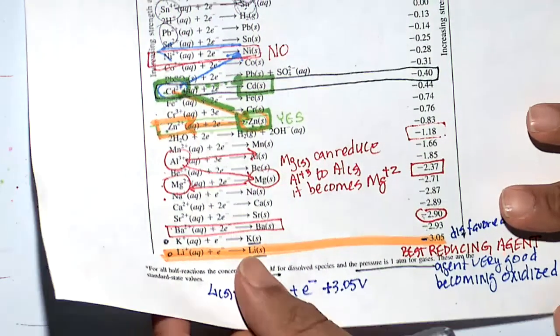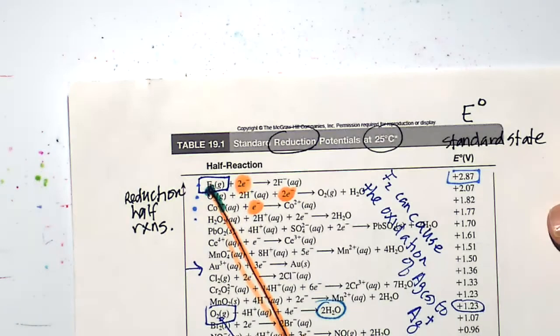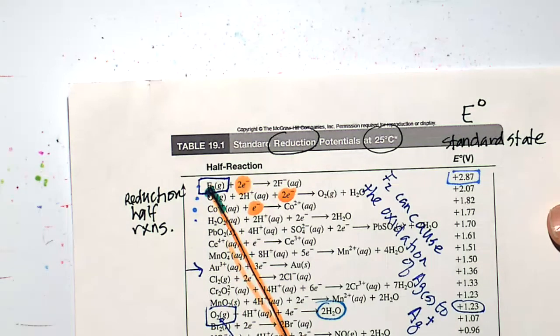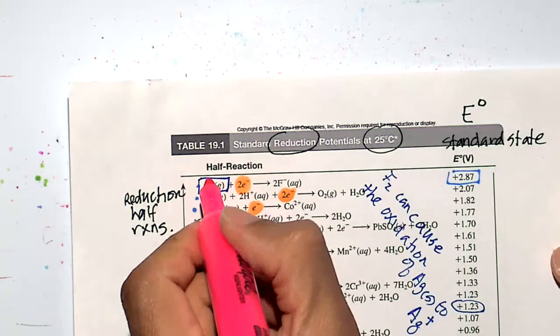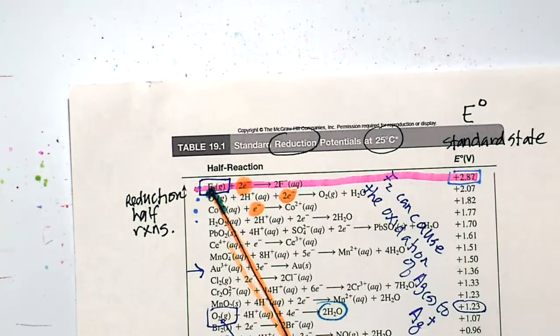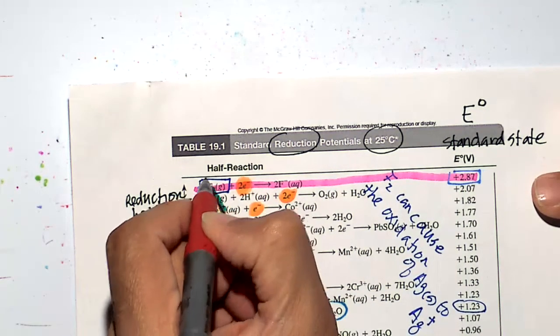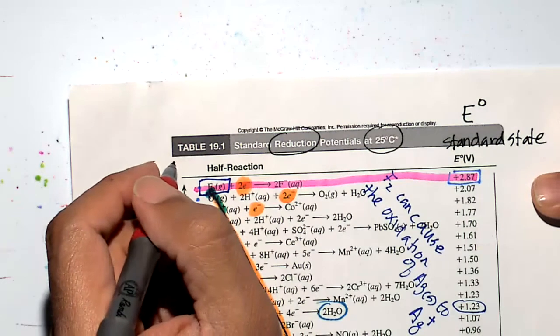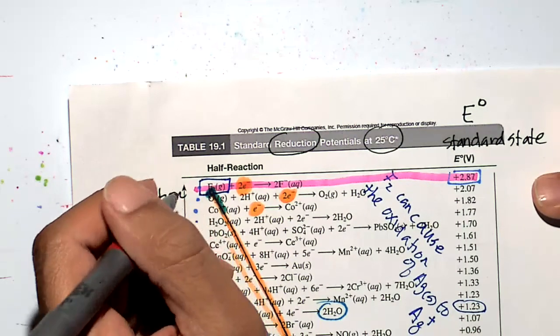Okay, let's go all the way to the top. Okay, let's highlight this top one pink. Okay, we're going to call fluorine, F2 gas, the best oxidizing agent.